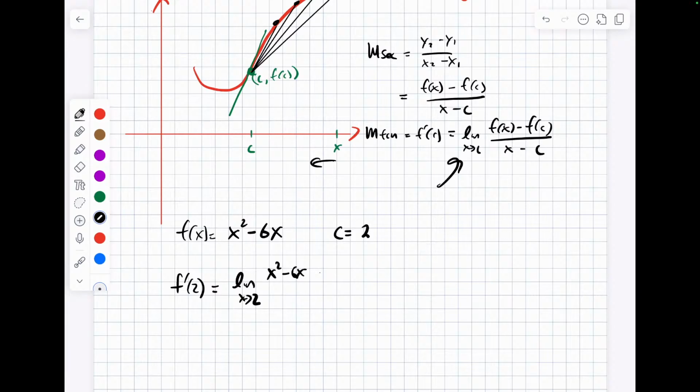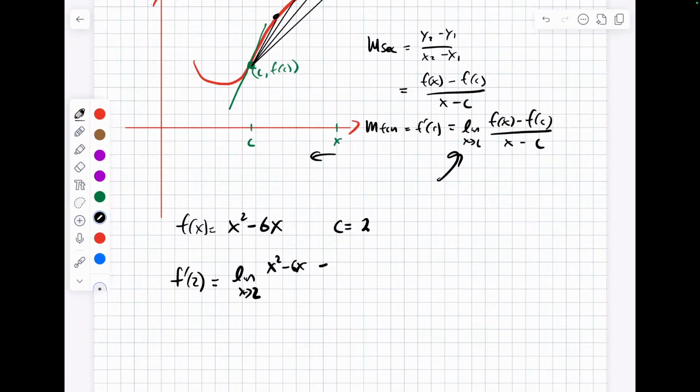What's f of 2 again? Negative 8. Is it 8 or negative 8? It's negative 8, right?